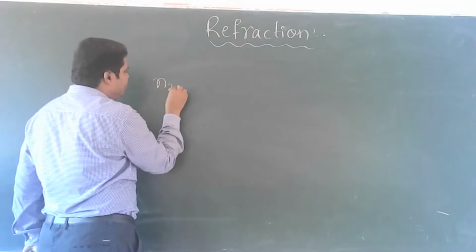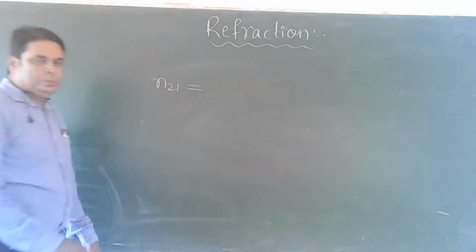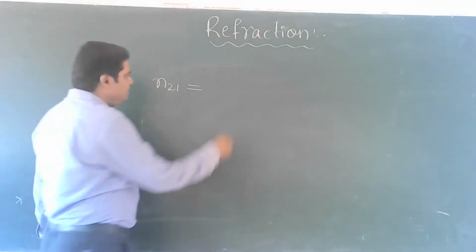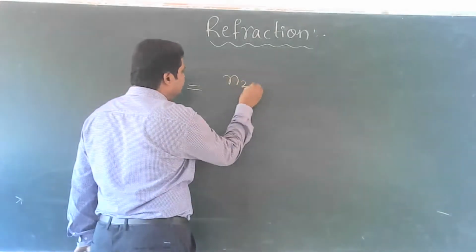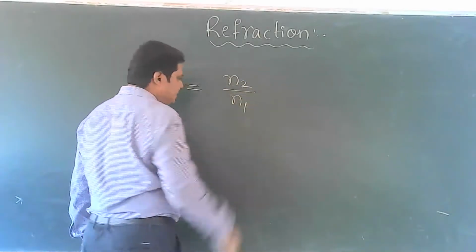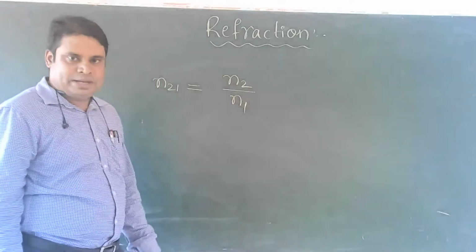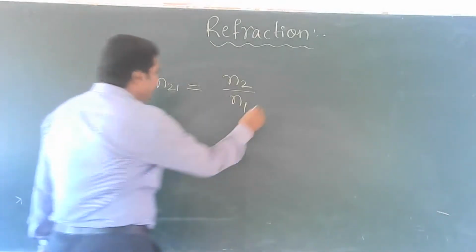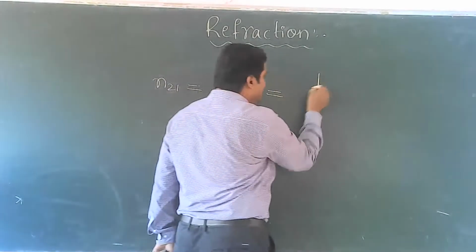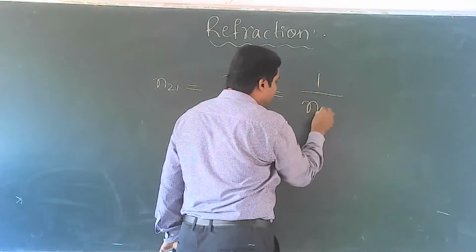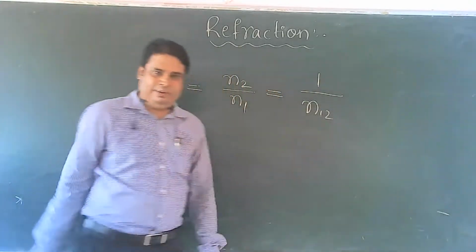See, n21, refractive index of second medium with respect to first, is equal to n2 by n1. It is also equal to the reciprocal of the refractive index of first medium with respect to second medium.